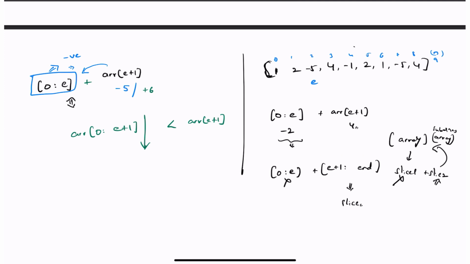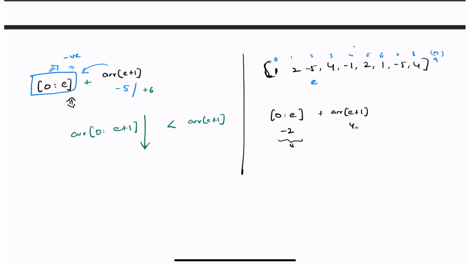So in this case, you'll be ignoring this portion. Let me just eliminate this portion. So there's no point of considering -2. So we just eliminated this slice, and so your new array itself is this region.